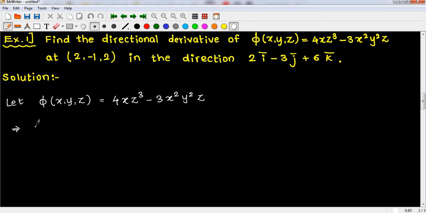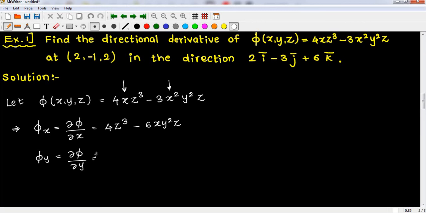So, for this function, we can find the partial derivative of phi with respect to x, treating x as the variable and y, z as constant. So, this derivative will be 4 times z cube minus 6 times x y square z. Similarly, the partial derivative of phi with respect to y can be evaluated by treating x and z as constant.